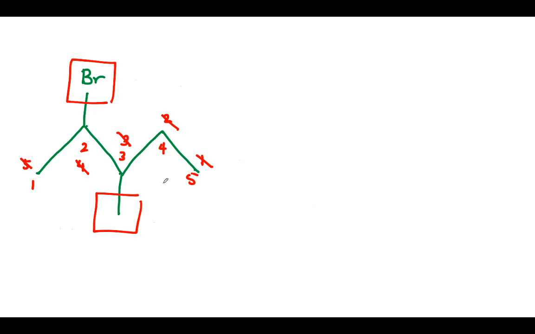Okay, so I'm going to start with my parent name. This is pentane, because I don't see any double or triple bonds. And then I have bromo for my bromine, attached to carbon number 2. And then I have methyl, so 3-methyl.